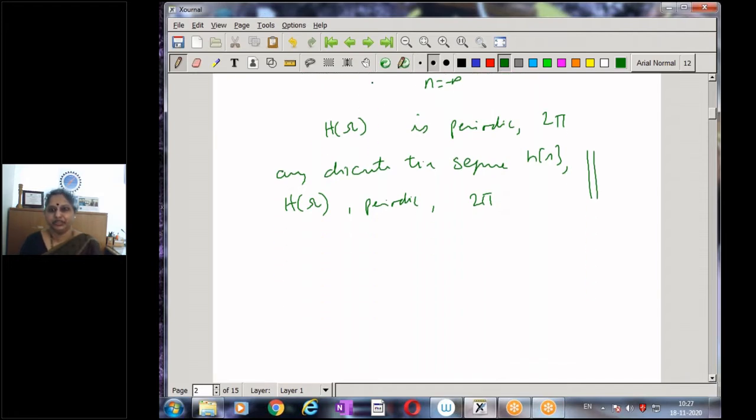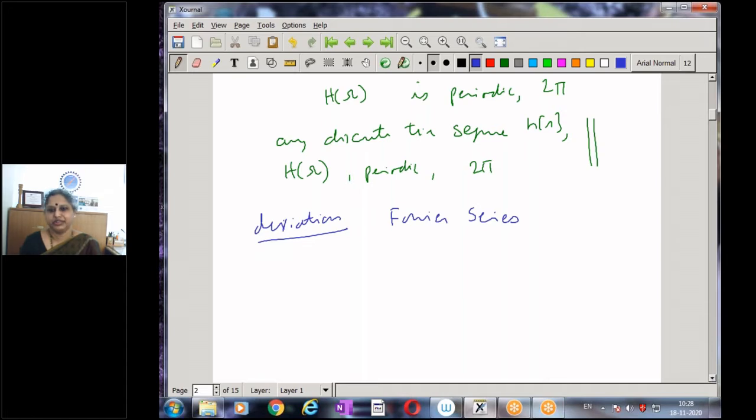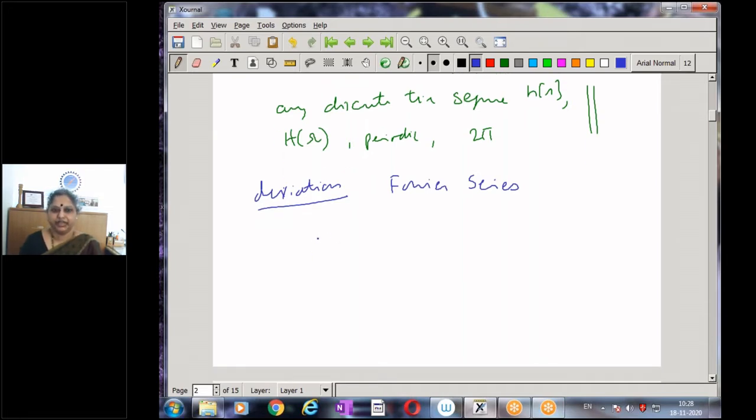Now we shall take a small deviation. That is, we shall try to look into the Fourier series representation. What is the Fourier series representation? If we recollect, I have a continuous time periodic signal, say with period T naught, and hence the angular frequency omega naught is given by 2 pi by T naught.